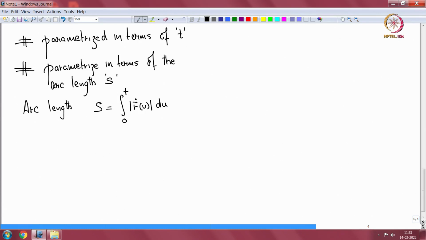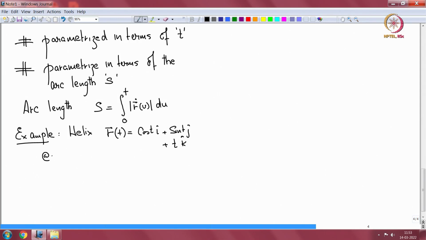Okay, so let's see, for example, the same helix, which is initially in terms of t: r(t) = cos t i + sin t j + t k.